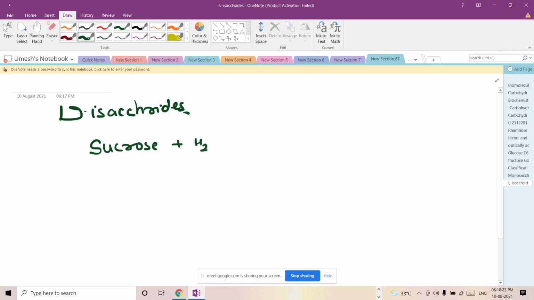If I hydrolyze it, add water in the acidic medium, it will give glucose and fructose. So it is giving two simple carbohydrates, and that is why these are called disaccharides. Am I clear?